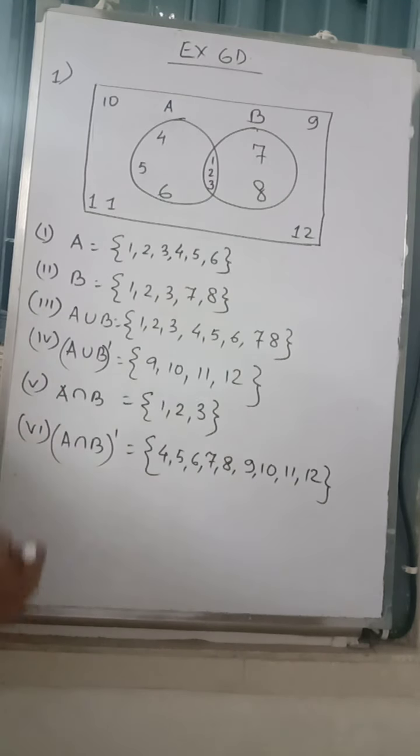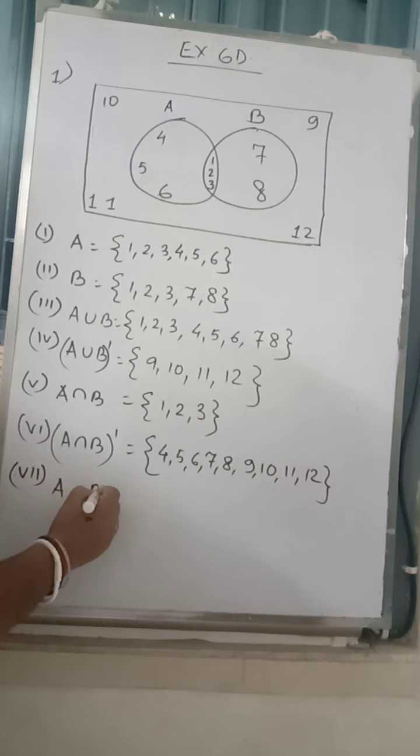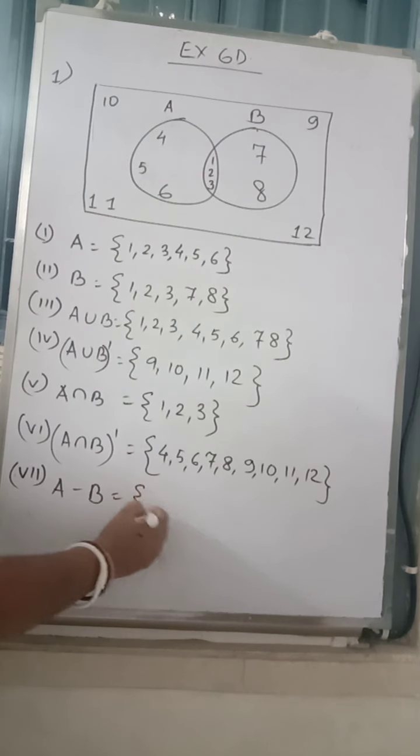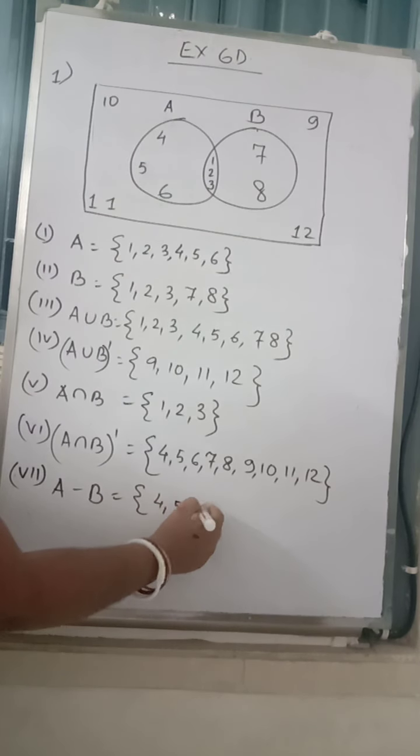Now next, number 7 is A minus B. So leaving the members of set B, what is left in set A? That is 4, 5 and 6.